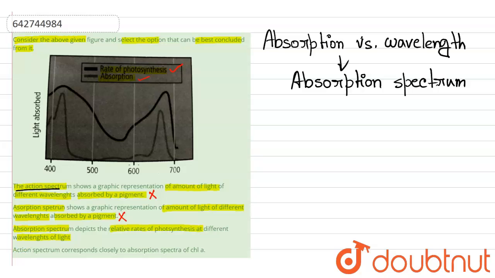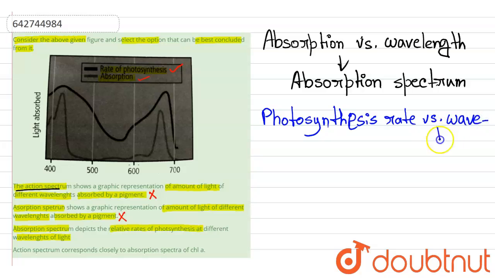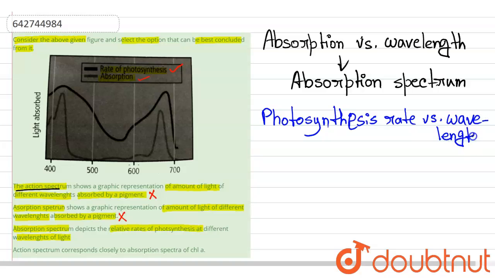So again if we think about rate of photosynthesis versus wavelength, then this will be action spectrum. But the term used here is absorption spectrum, so this is also a wrong statement.